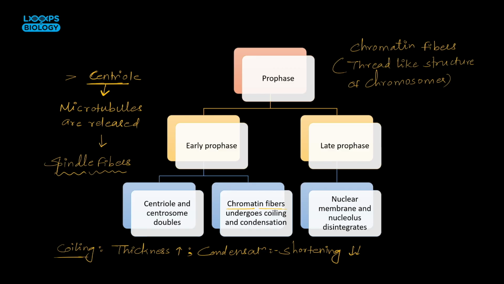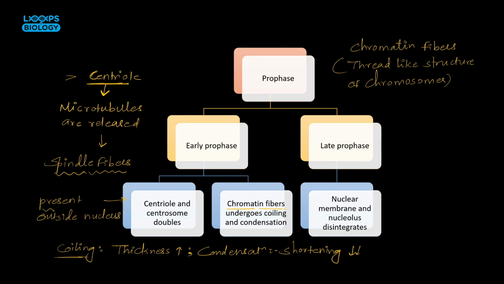Alright. Now, in the late phase, after the centriole has doubled and your chromatin fibers have undergone coiling and condensation, your nuclear membrane and nucleolus start to disintegrate. So there is a breaking down of the nuclear membrane and nucleolus. Now, why is that happening? Because the nucleus has its own cover, and the centriole and centrosome are present outside the nucleus.